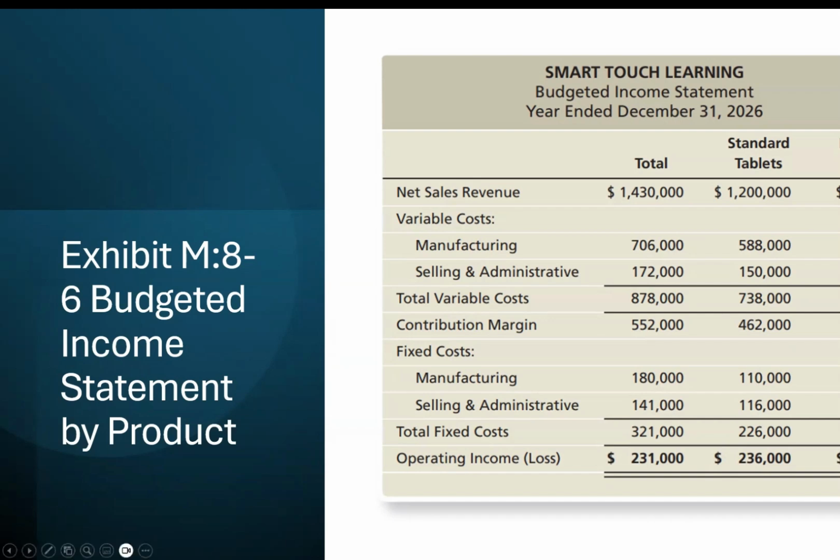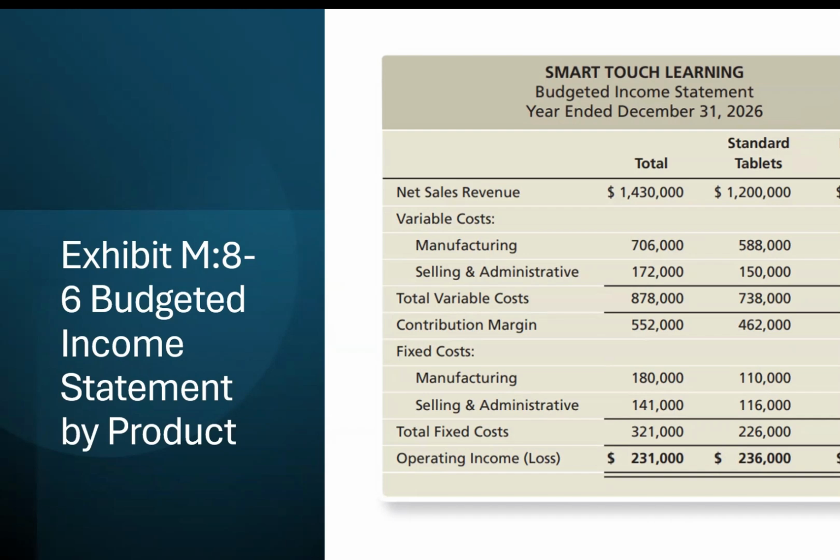Here in this middle column, where you see standard tablets, this is the income for the standard tablets. The third column here is for the premium tablets. This is the product line that has an operating loss, right? Operating loss of $5,000, prompting management to consider discontinuing the product.